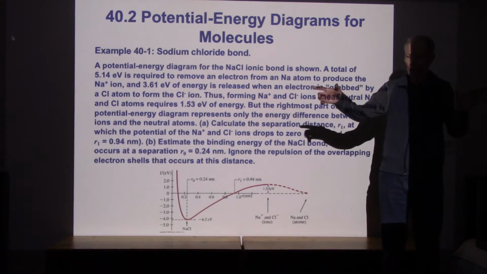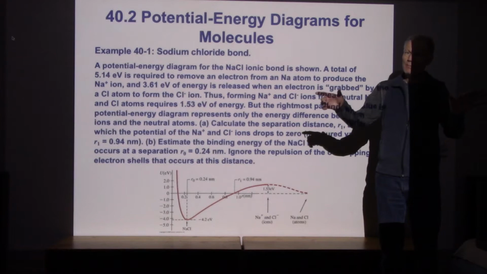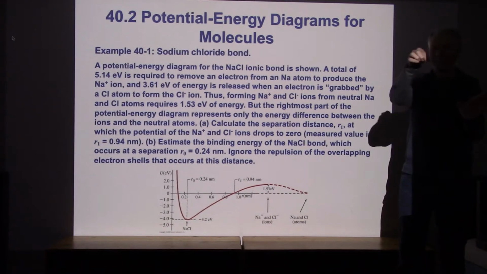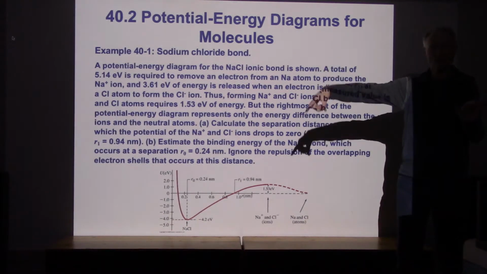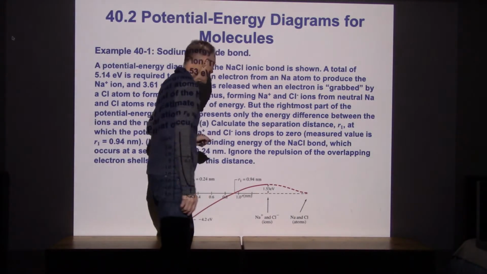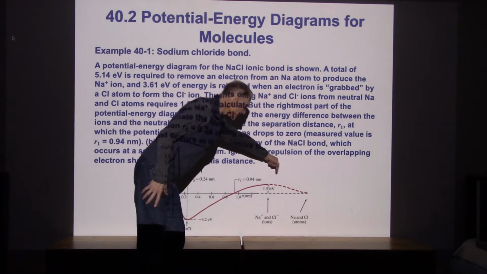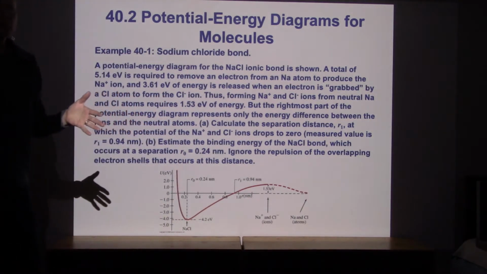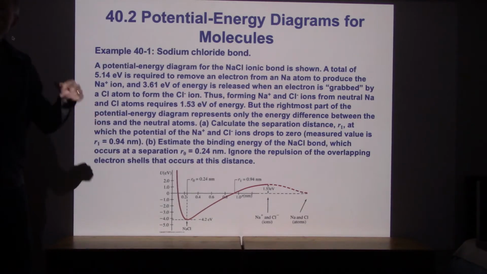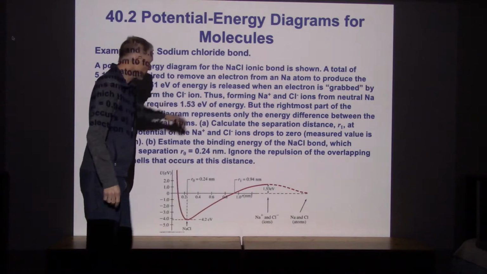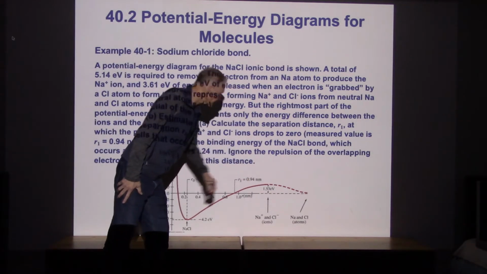Here's sodium, here's chlorine. They've actually modeled this as an electron from sodium leaving and going over and attaching itself to chlorine. Okay, and so what they've shown is that process, the energy required to remove the electron from sodium and then place it on the chlorine, gives us a net effect of 1.53 eV.